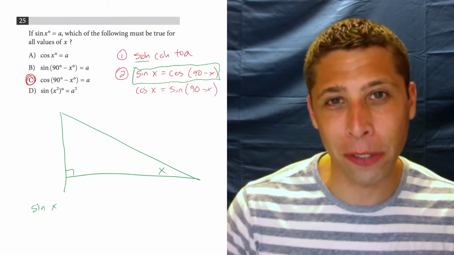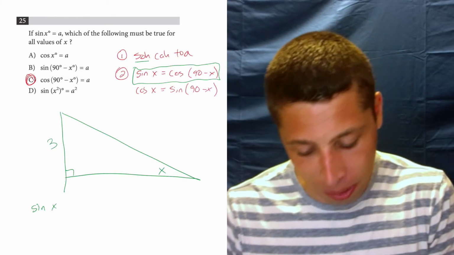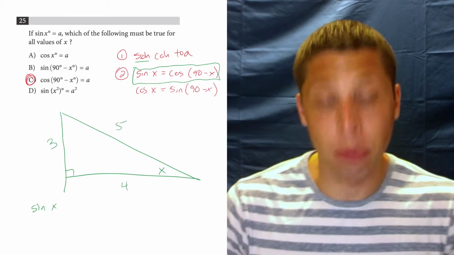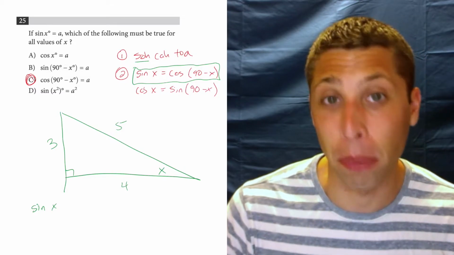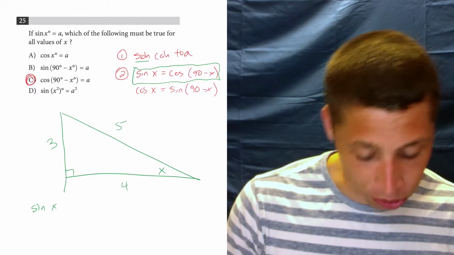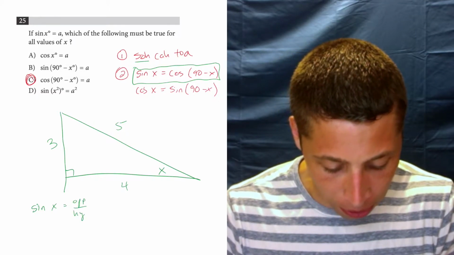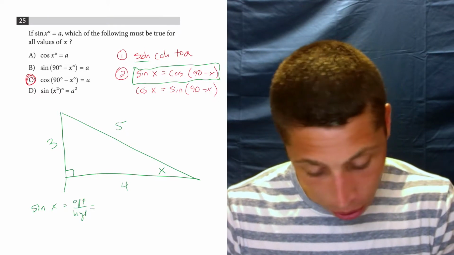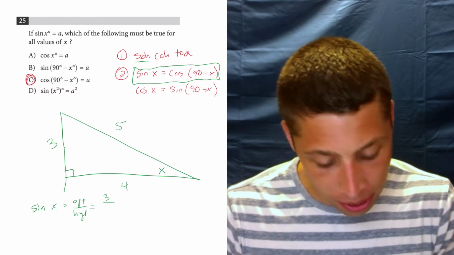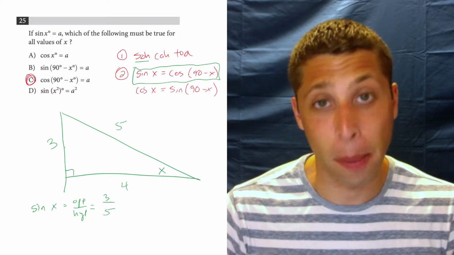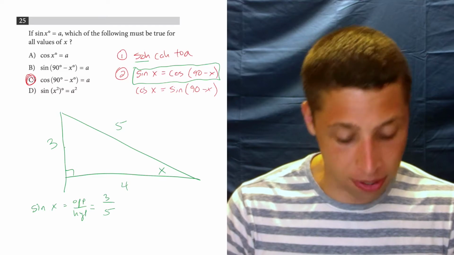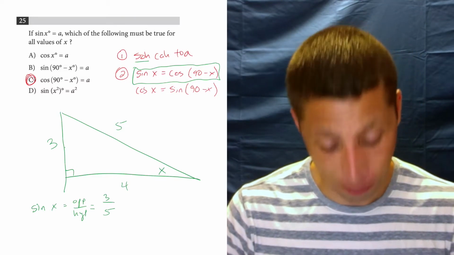Well, it's kind of weird to have a triangle with no sides, so I'm going to give it some lengths here. Let's make it a nice 3, 4, 5 triangle because it's easy for my brain to handle. So sine of x in this case would be the opposite over the hypotenuse, which would be the 3 is my opposite side, and the hypotenuse is 5 because it's opposite the right angle. So sine of x is equal to 3 over 5.